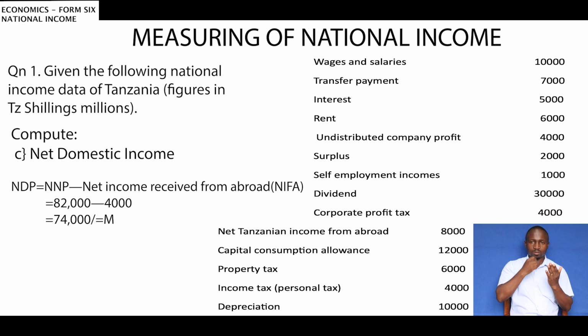That's why we subtract net income received from abroad. So we take net national income, which is 82,000, from B, minus net income received from abroad, which according to our question is 8,000. So we get 74,000 Tanzania millions. This is net domestic income.